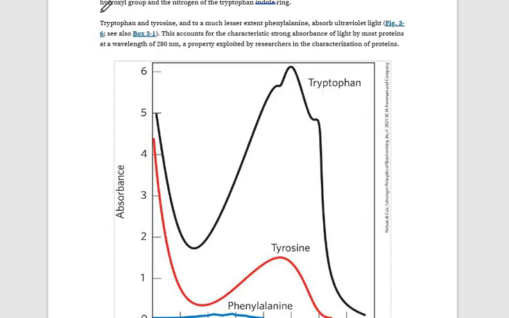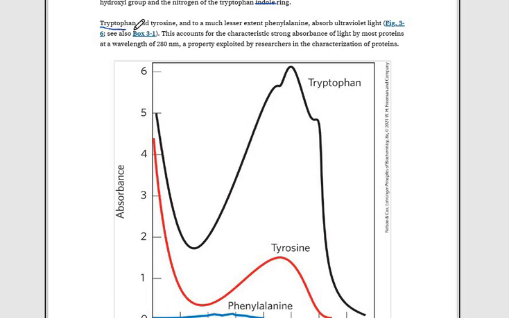Another most important point is that tryptophan and tyrosine, and to a much lesser extent phenylalanine, absorb UV light, that is ultraviolet light. This accounts for the characteristic strong absorbance of light by most proteins at a wavelength of 280 nanometers, a property exploited by researchers in the characterization of protein.